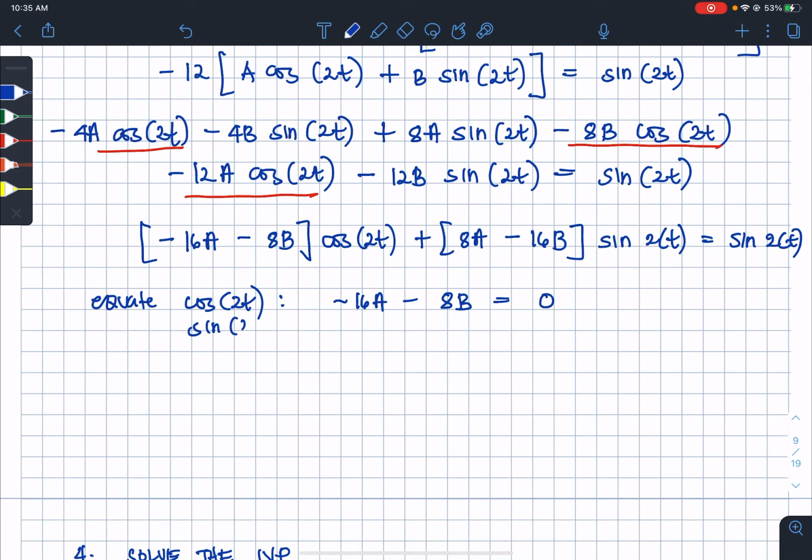And then for sine 2t, we have 8a minus 16b is equal to the coefficient of sine 2t, that is 1. So from here, if we want to get the value of a, by elimination, or just to be quick, you can do it on your calculator. That is mode 5 and then mode 5.1. I think that is mode 5.1.